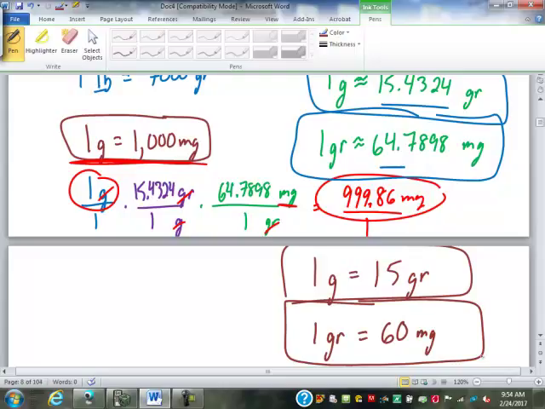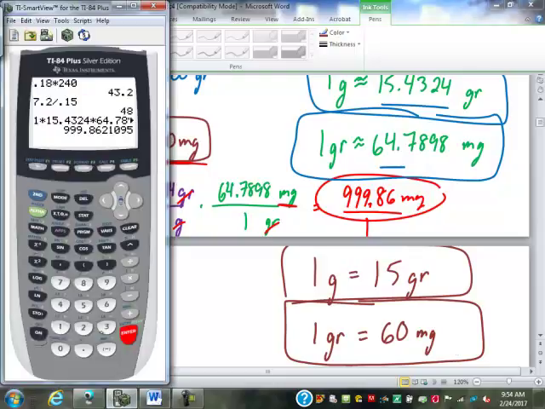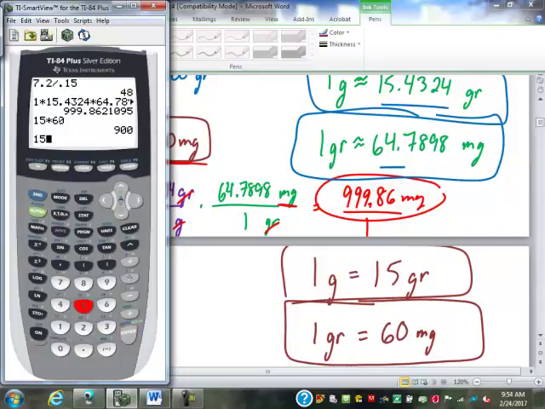Doesn't work out. It's a severe round off. There are some textbooks out there that use 1 grain is 65 milligrams, which comes out much closer. 15 times 60 is 900, but it should be 1,000. 15 times 65 is 975, which comes out much closer.